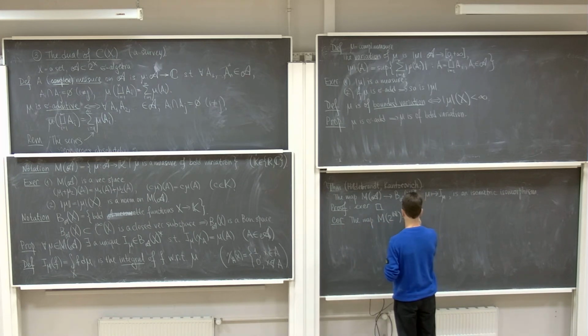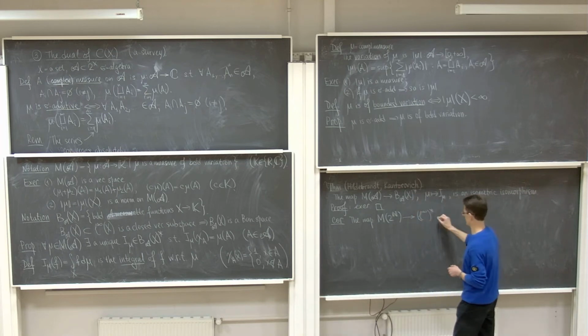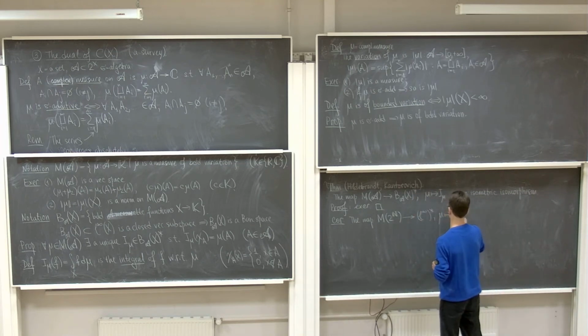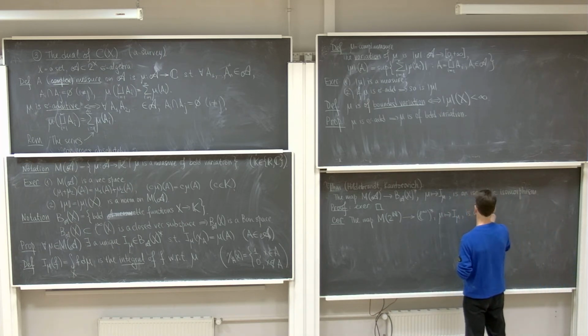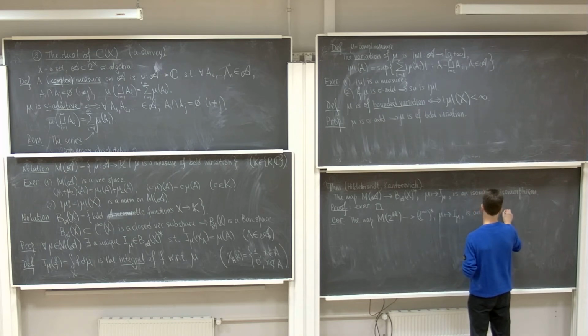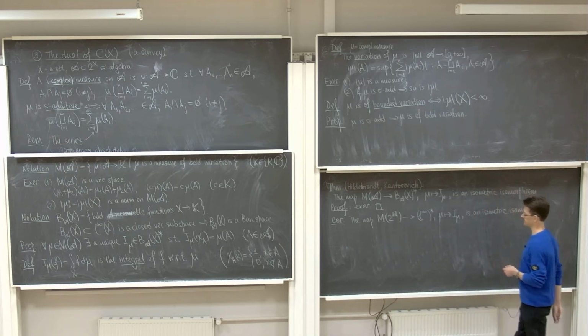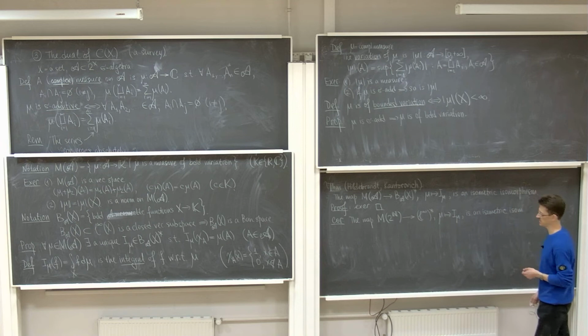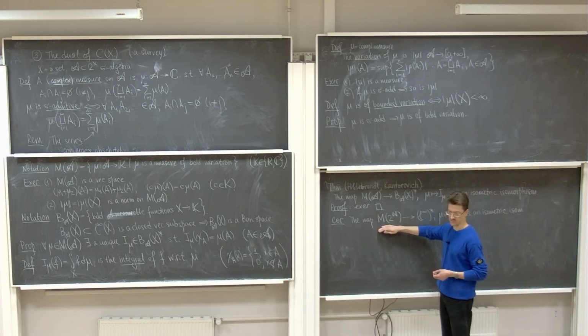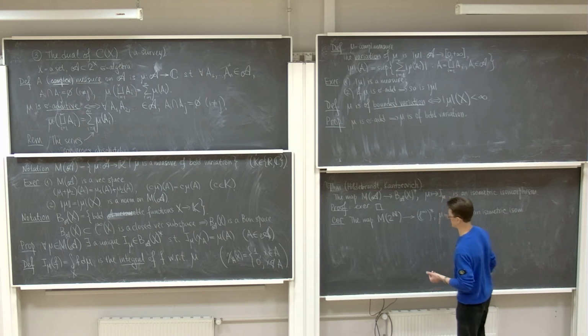We have the map from this space to the dual of L infinity, given by the same formula, and this is an isometric isomorphism. So the dual of the little L infinity space is the space of all complex measures, but I'd like to stress that we consider finitely additive measures, not necessarily sigma additive, on all subsets of the natural numbers.